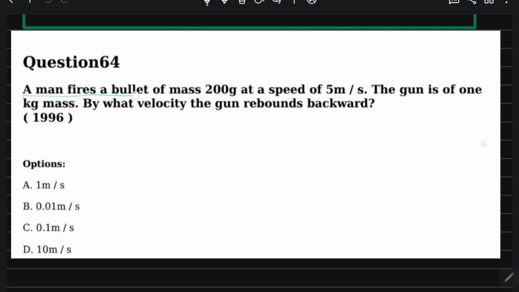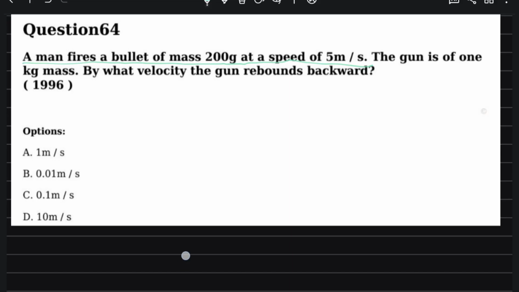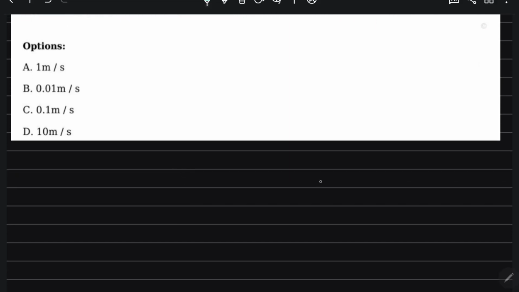A man fires a bullet of mass 200 gram at a speed of 5 meter per second. The gun is of 1 kg mass. By what velocity does the gun rebound backwards? So in this question, let me just make the diagram.